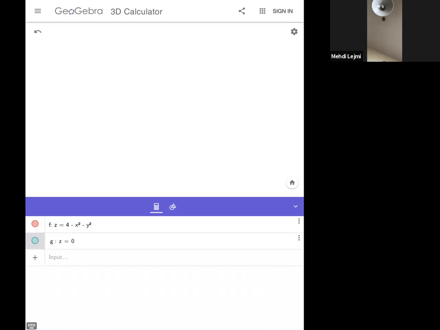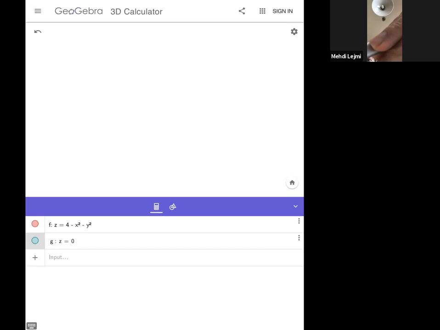It's bounded by the paraboloid, so it's inside the paraboloid, but it's also bounded by the xy plane, right? The z equals 0. Okay, so that's our solid.